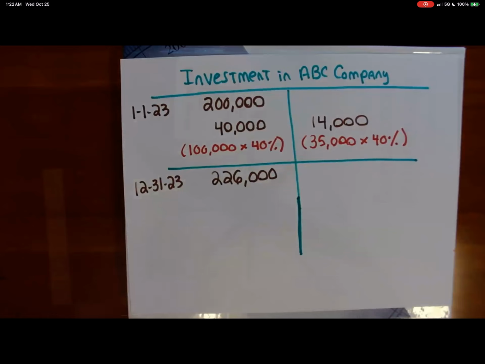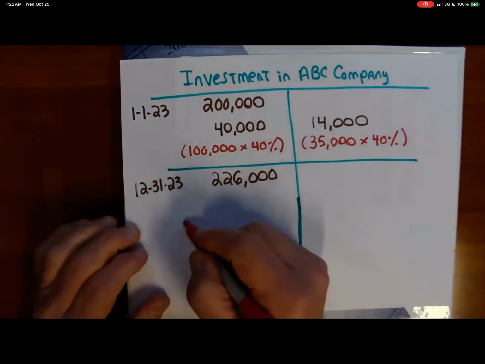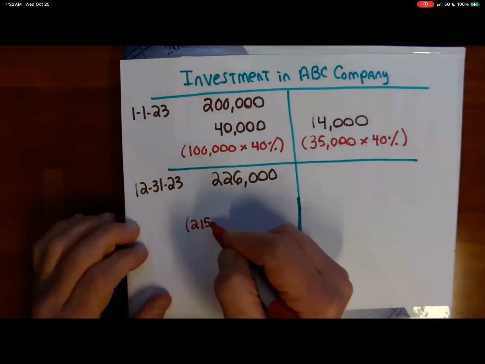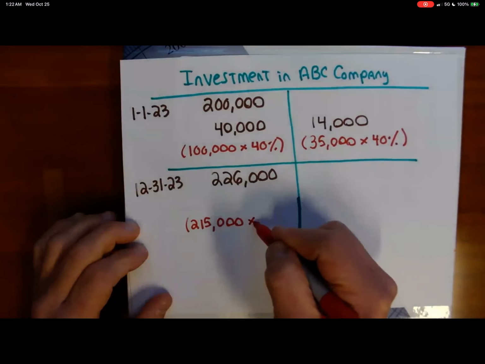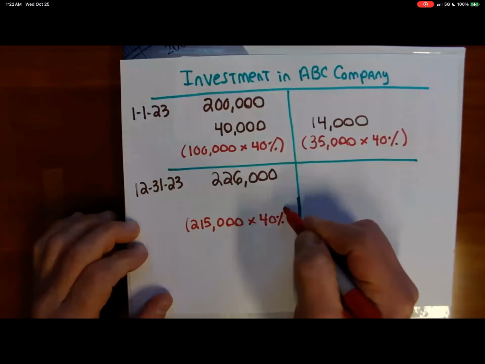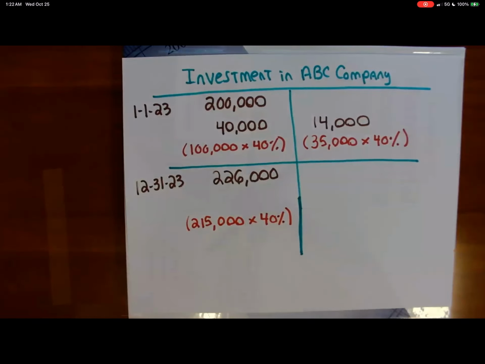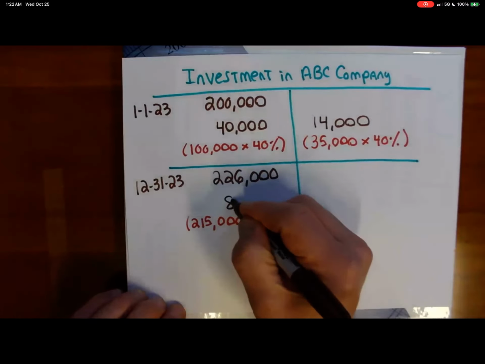Increase the investment account by our share of their net income in 2024. Their net income was $215,000, 40% of which belongs to us. So increase the investment by $86,000.